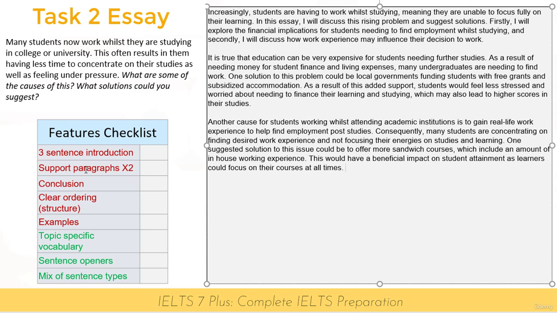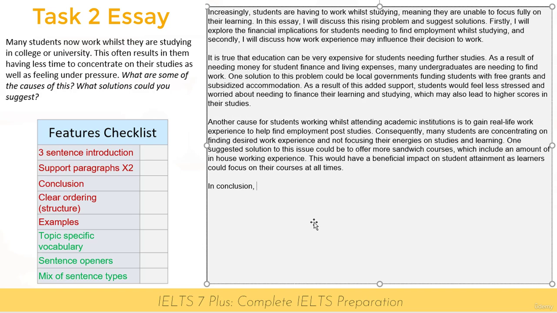Okay, my support paragraphs are complete, so it's now time to go to my conclusion, which is not going to include my opinion, so I just need to paraphrase this issue and everything that I've discussed in one sentence here. Let's begin with, in conclusion, a great way to start your conclusion paragraph.